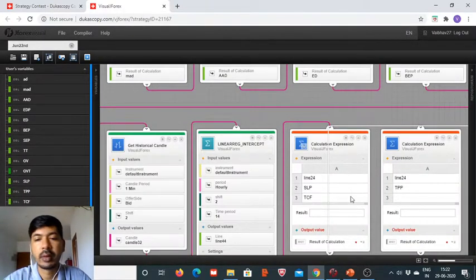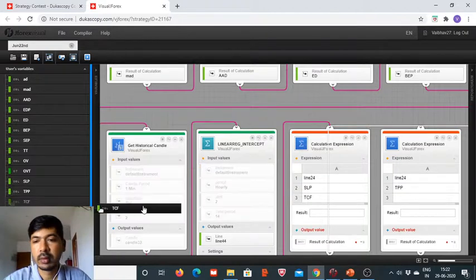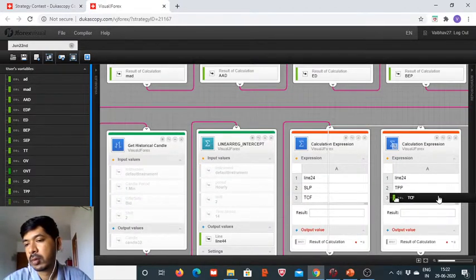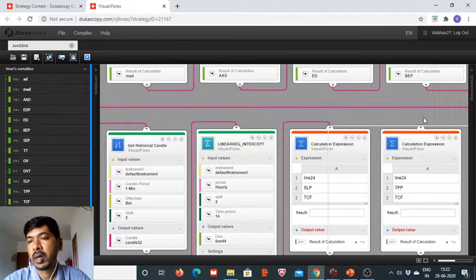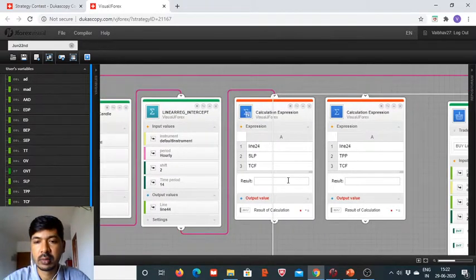So here it is, and now coming to the calculation, A1 into A2 into A3.